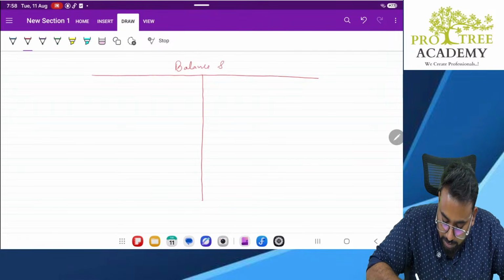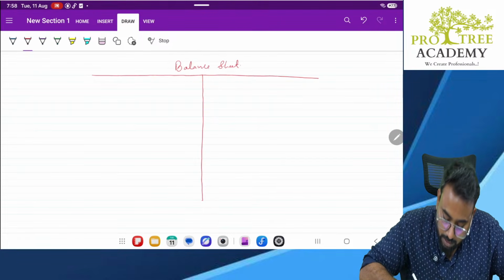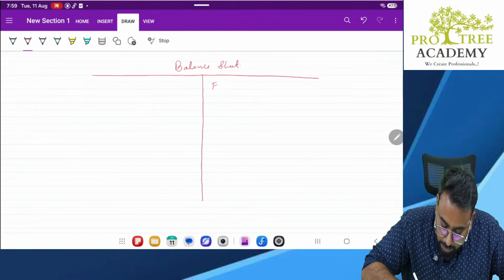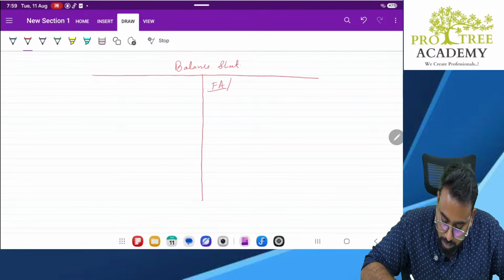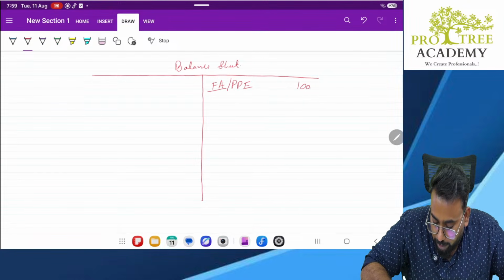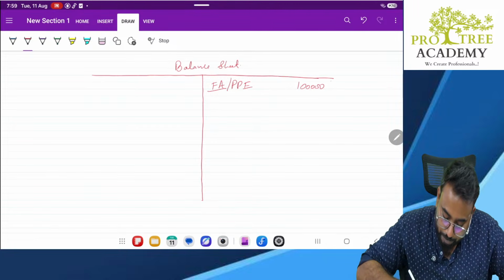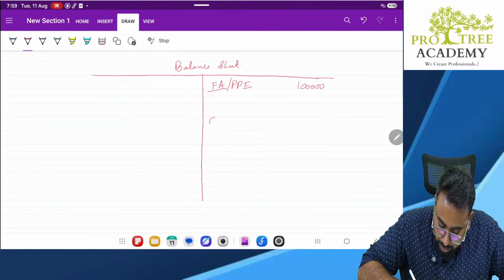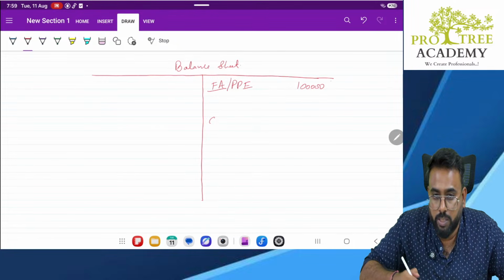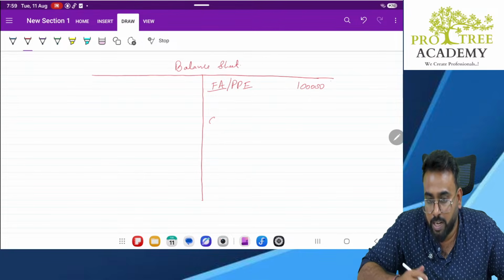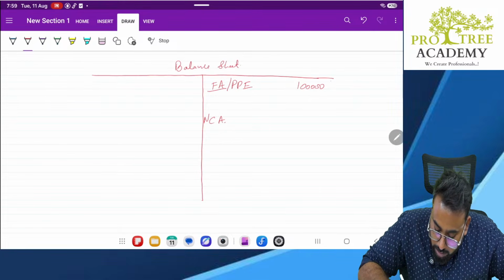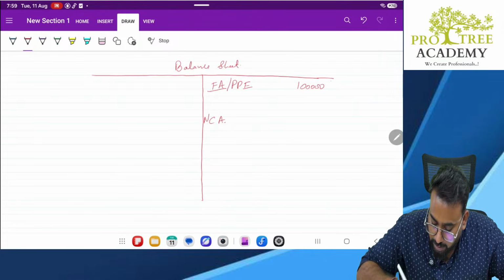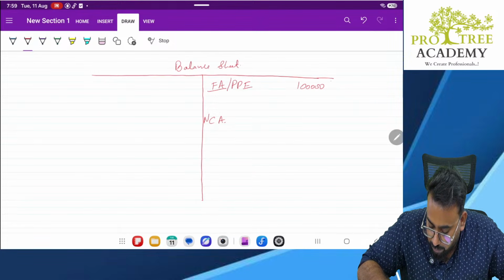See, this is your balance sheet. First is your fixed assets. I told you we should use one more name, property, plant and equipment. Say our property, plant and equipment is 1 lakh. Non-current assets, current assets have been taught. Say non-current assets are 50,000. And suppose our current assets is 3 lakhs.